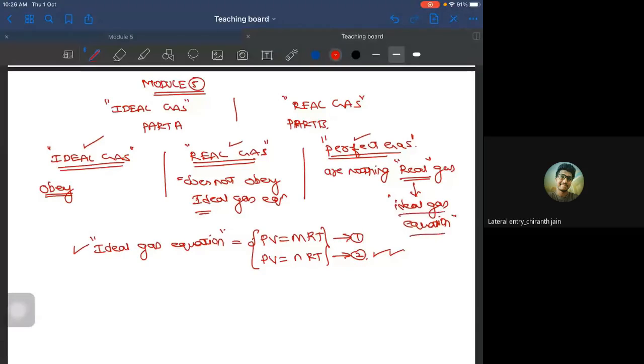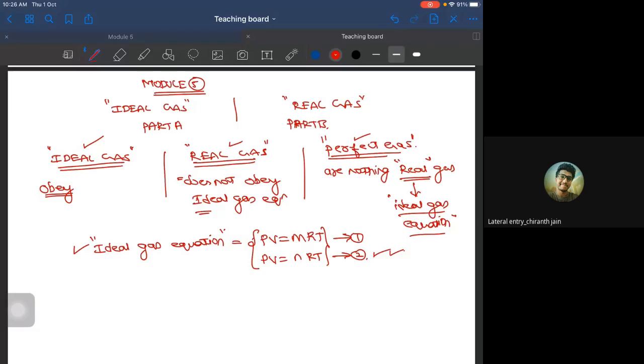Sir, you said if a real gas obeys the ideal gas equation, it must be an ideal gas, right? So here is the criteria. Ideal gases obey the ideal gas equation at all temperatures and at all pressures. But a perfect gas, which is basically a real gas, obeys the ideal gas equation at a certain pressure and a certain temperature.